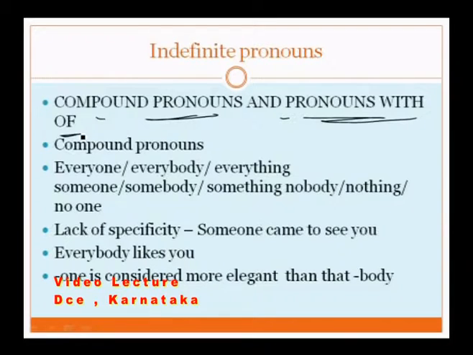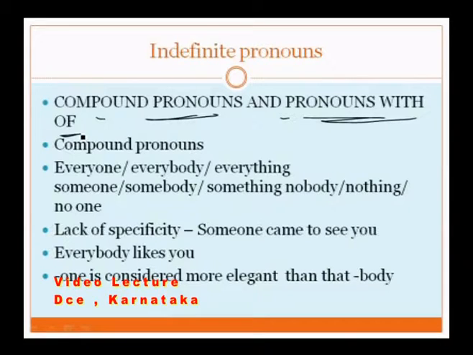Now, these are a small list of compound pronouns. Now, what does it convey? These compound pronouns convey one major feature. What is that? Lack of specificity. There is no specificity at all in the understanding of the compound pronoun.